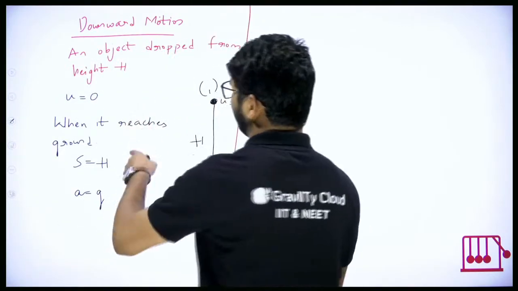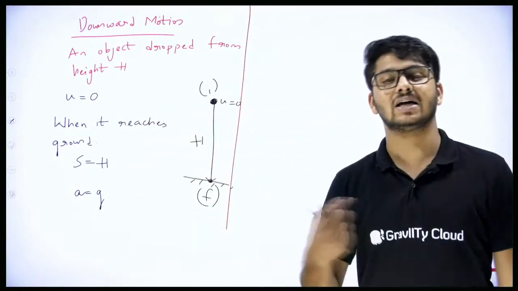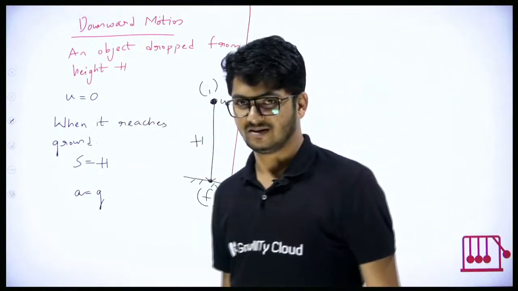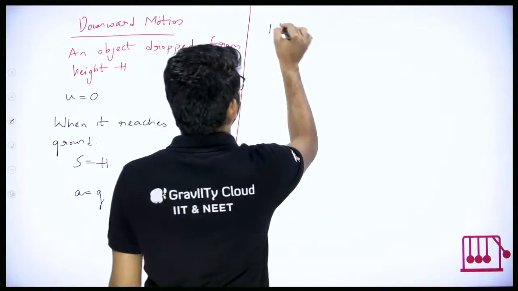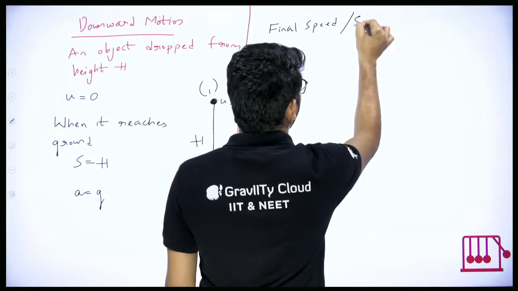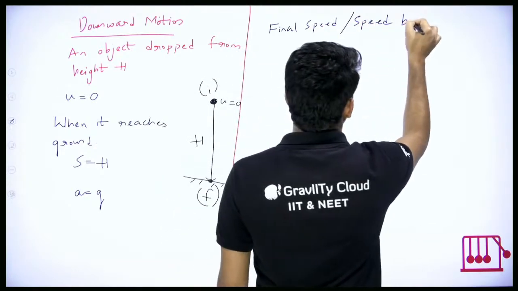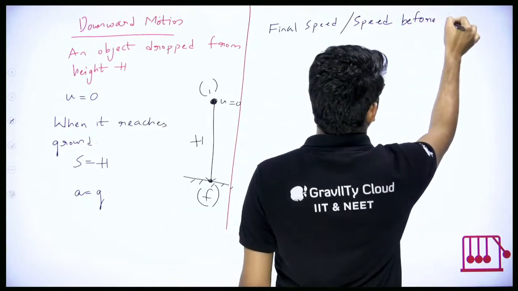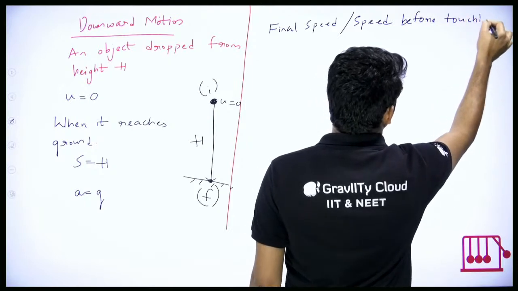Using these three quantities, the other two you can easily get. Let's calculate the final speed first, or the speed just before touching the ground. If it touches the ground, it is not free fall.